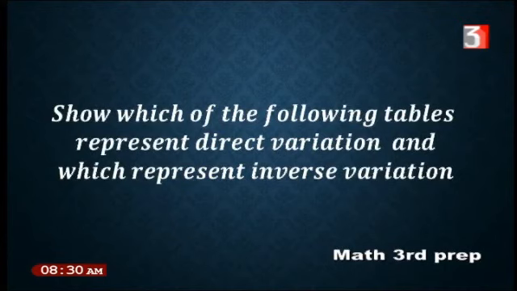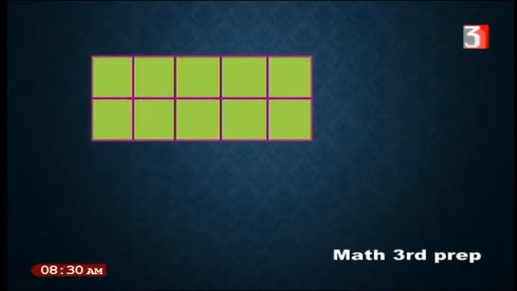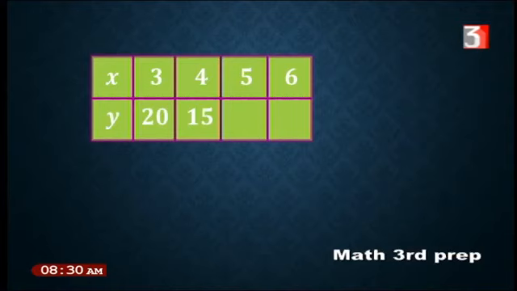Show which of the following tables represents direct variation and which represents inverse variation. If you have a table like that shown in front of you, x and y, values of x are 3, 4, 5, and 6. Values of y are 20, 15, 12, and 10.